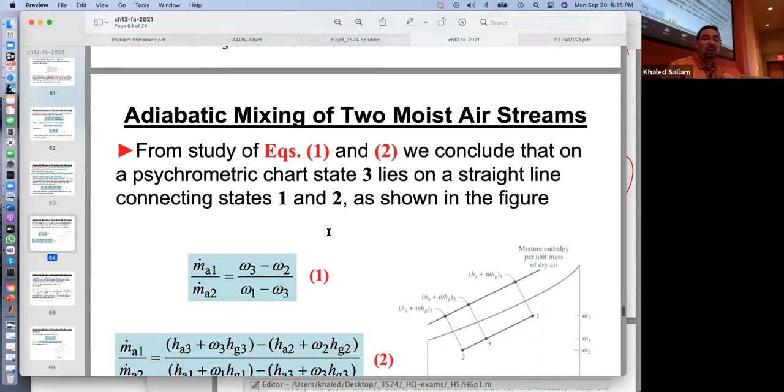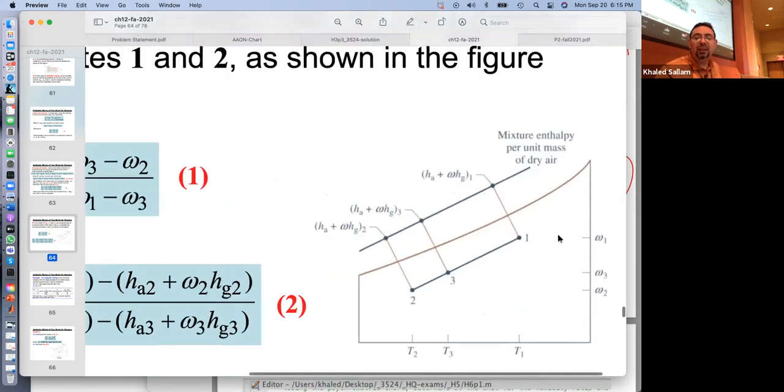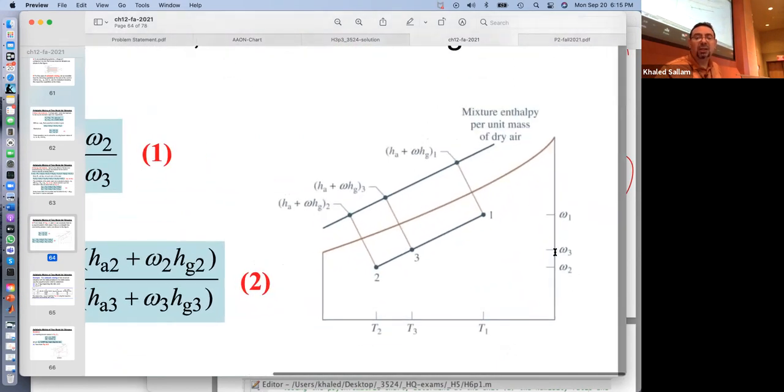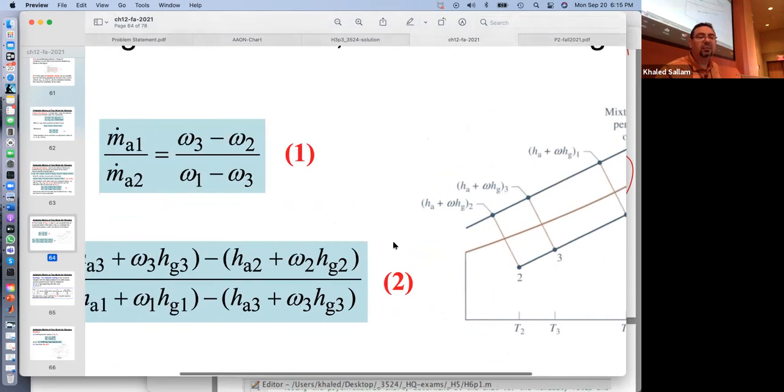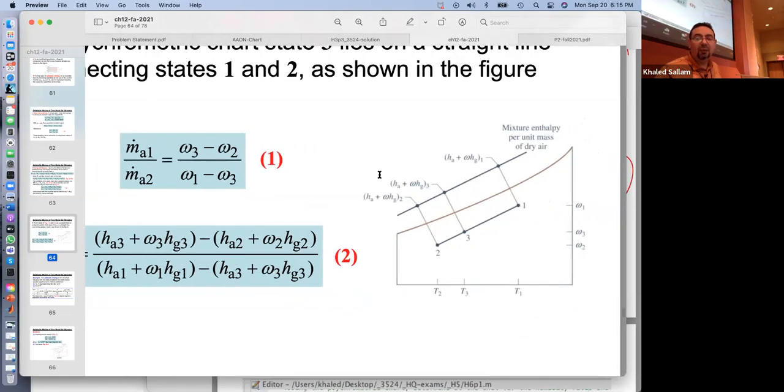All right? So graphically, those two equations, one coming from continuity and one coming from energy, will be like this on the psychrometric chart. See where W3 is sitting between W1 and W2? It will sit depending on that m dot over m dot. Okay? If you are 50-50, you will sit in the middle. Not just on the y-axis, but also on the h-axis.